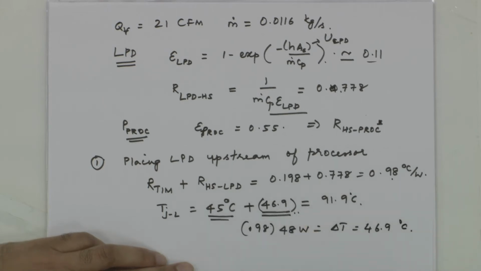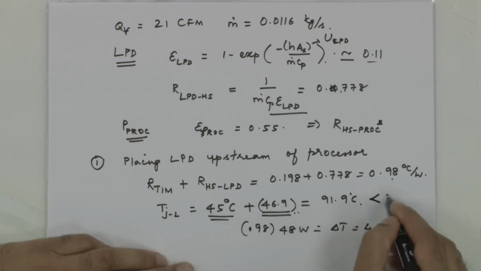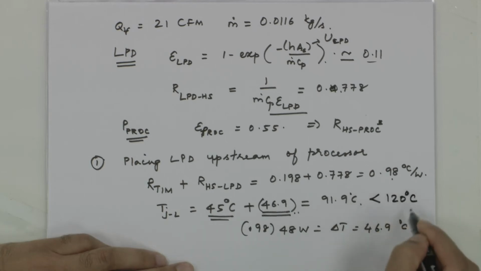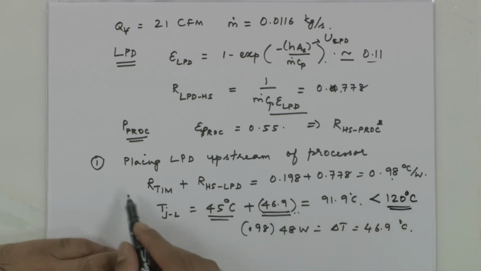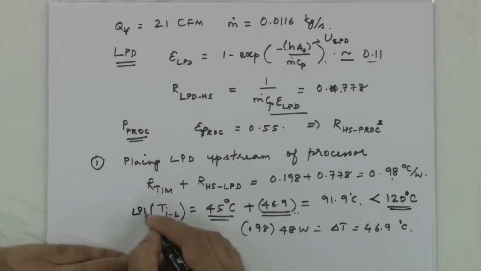So, the junction temperature is 99.9 degree Celsius, which is much less than the 120 degree maximum allowable for the low power device. This is the low power device junction temperature.